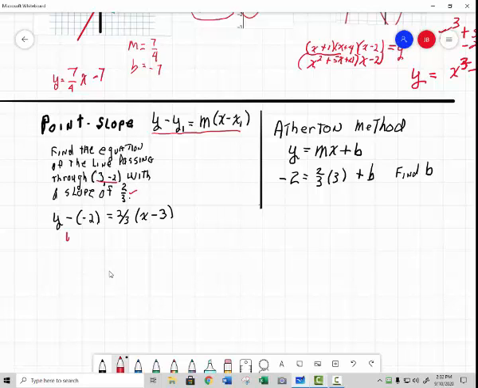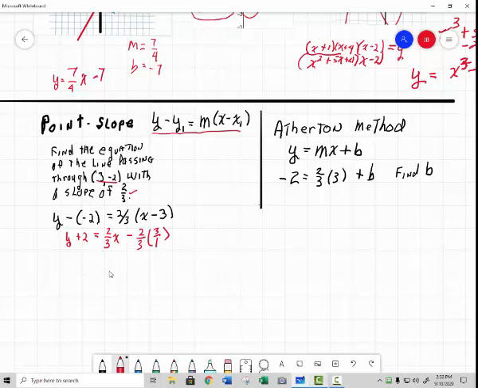Now let's simplify that. That would be y plus 2 equals 2/3 x minus 2/3 times 3.